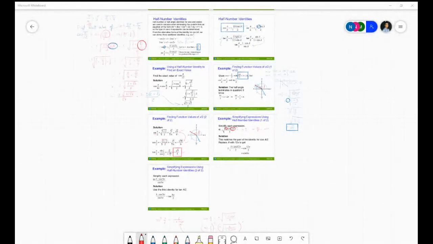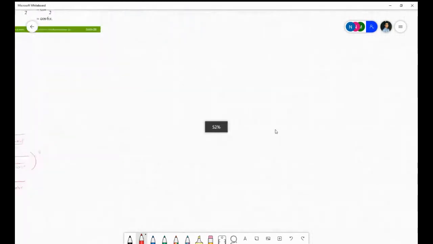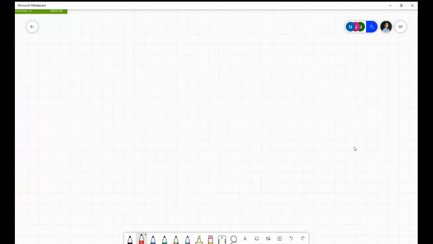Okay, let's see. So what have you tried on 65? Let's look at the whiteboard over here. So let's write down the problem. We have tangent x plus cotangent x equals 2 cosecant 2x, right?